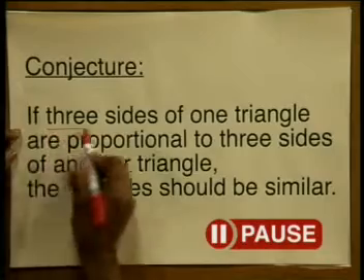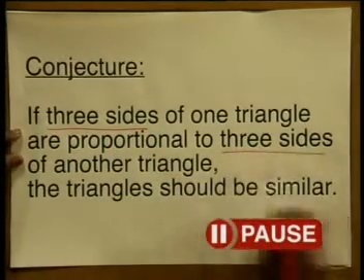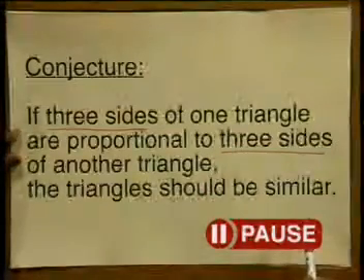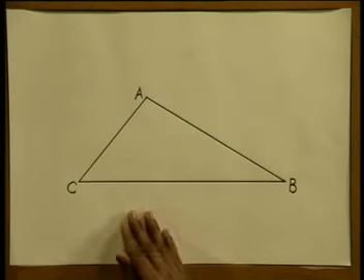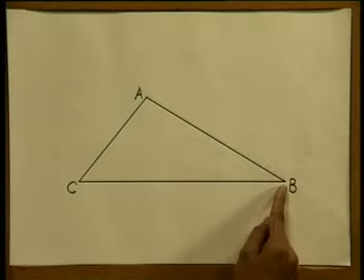Here is another conjecture that I would like you to have a look at. If three sides of one triangle are proportional to three sides of another triangle, the triangles should be similar. I will use construction to try and prove that this conjecture is true. Here I have a triangle ABC. Using a pair of compasses, I will find the midpoint of line AB.